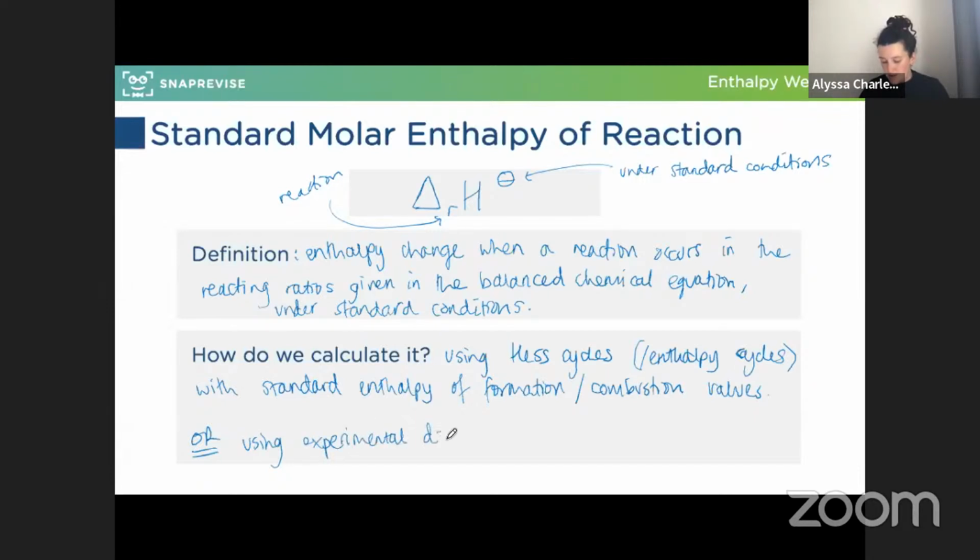So we can use experimental data from calorimetry reactions, which we're not going to go into now, but that's our Q equals MC delta T, and then delta H equals Q over n. That section, which we're not going to go over today.